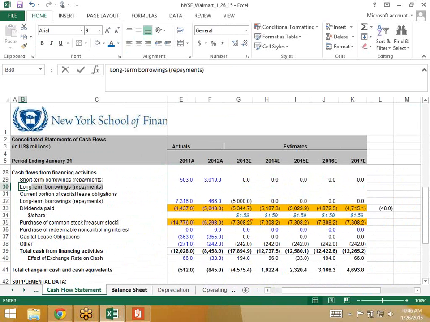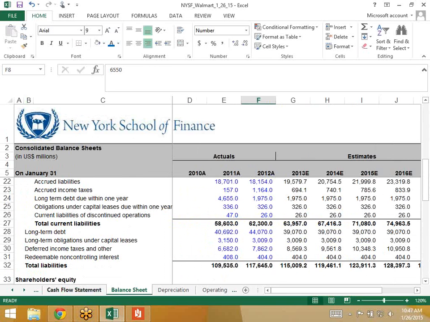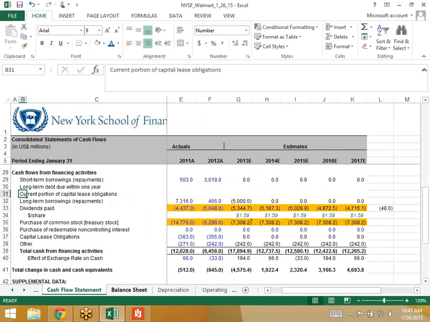So long-term debt due within 1 year. And then they did obligations under capital leases due within 1 year.